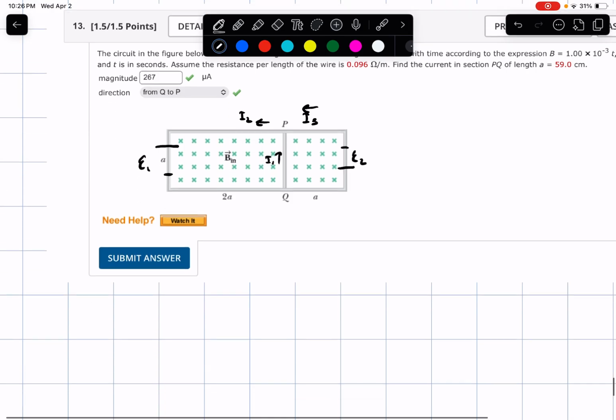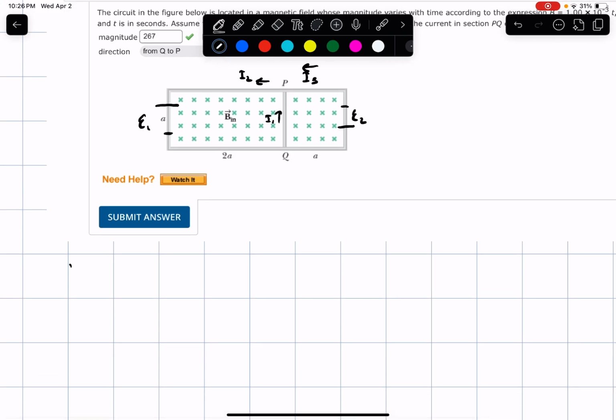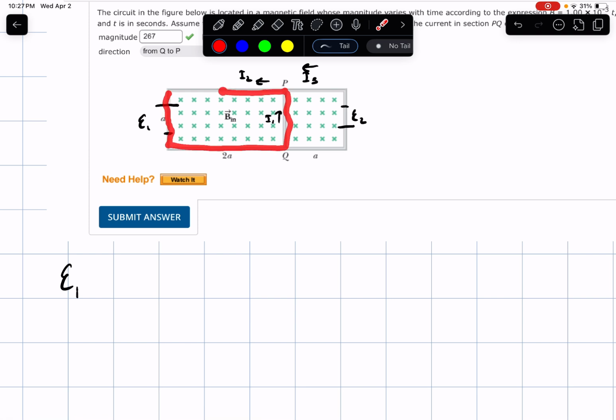So if you recall, for the loop rule, first you have to start with your EMF. We'll start with the left one first. So your EMF 1, and we'll go this way: here, then go down the bottom, through this side from Q to P, and then the top. So start with EMF 1, and you need the current and resistance to subtract.